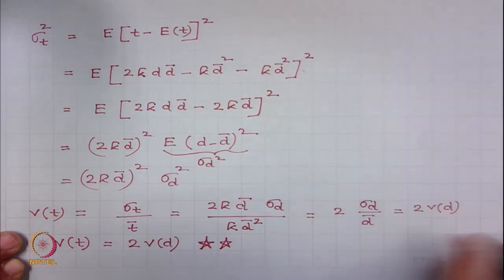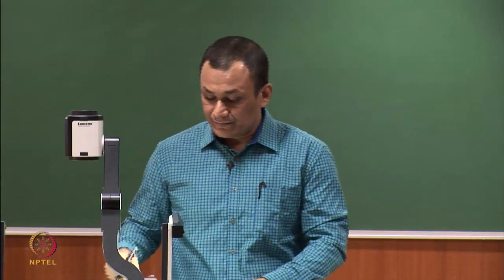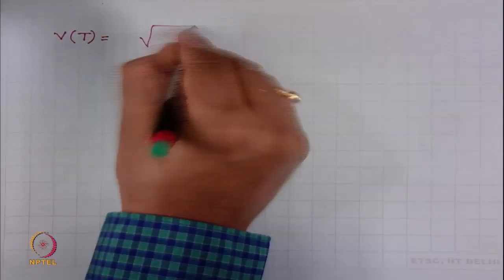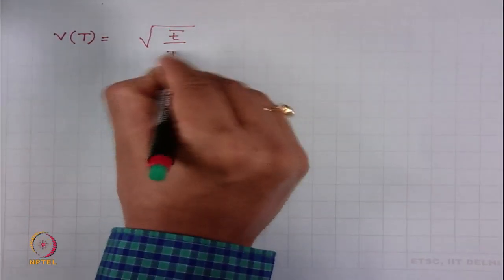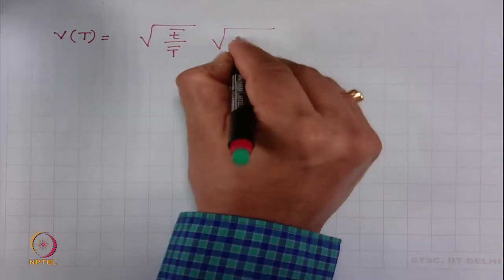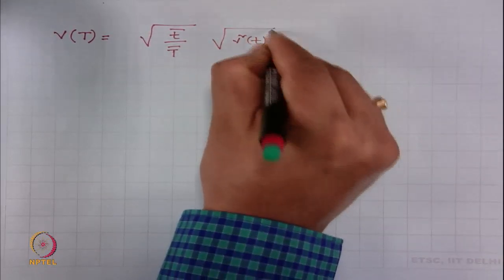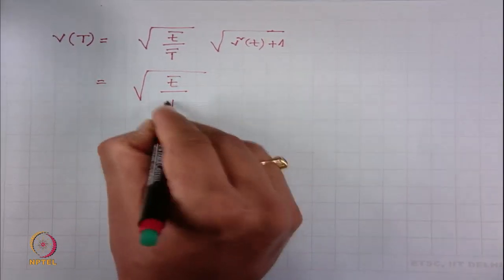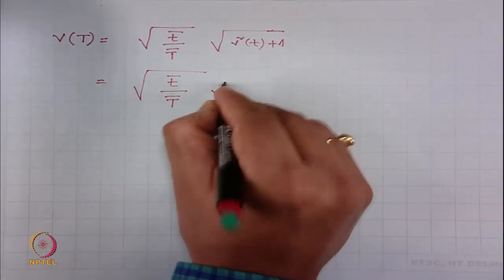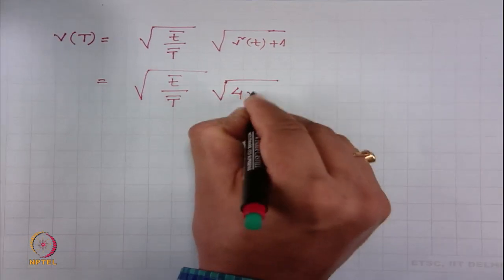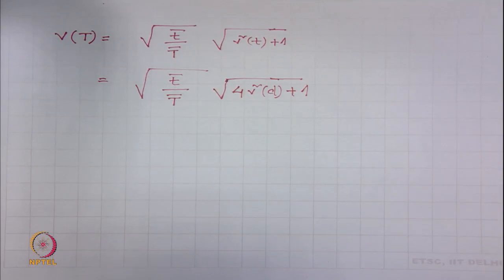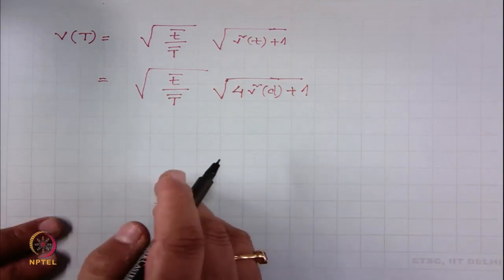So, if we substitute this into Martindale's expression, V t, t bar by t bar, V square t plus 1. So, t bar by capital T bar, V square t is 4 V square d plus 1, right.